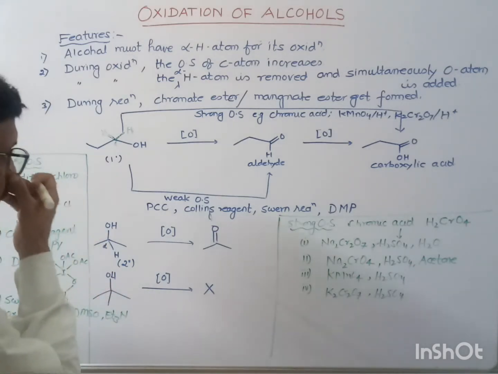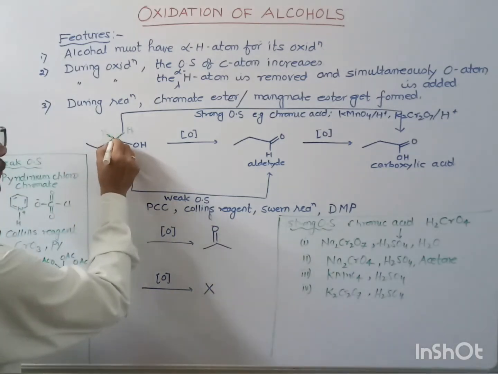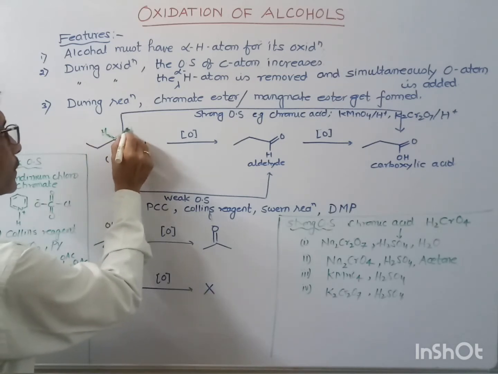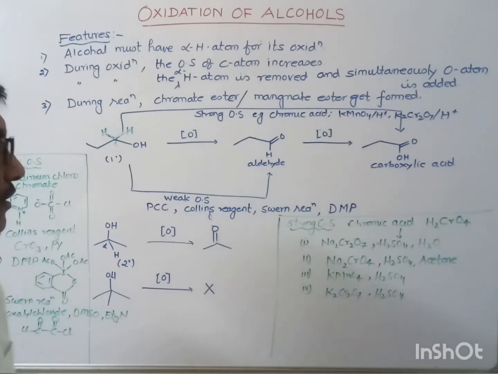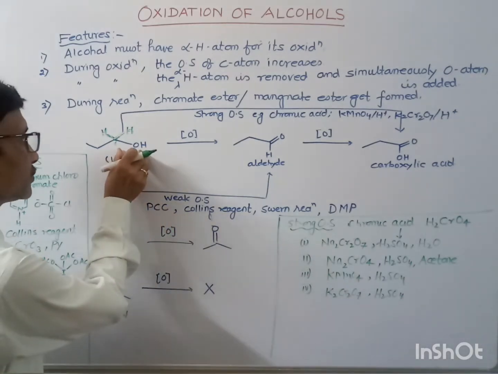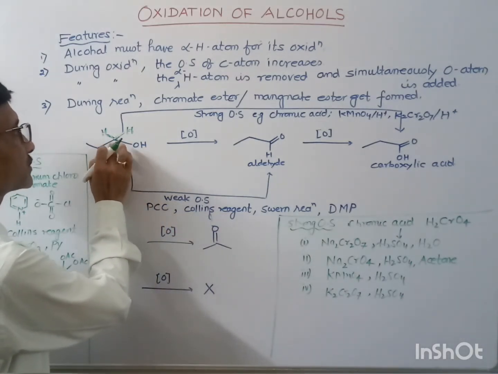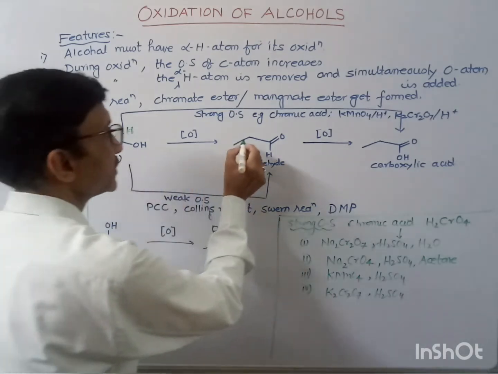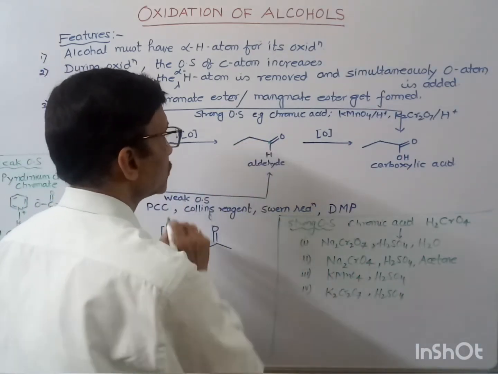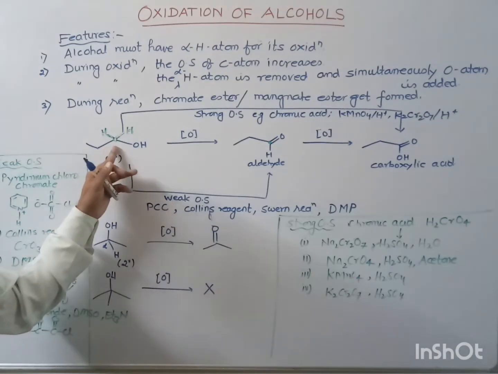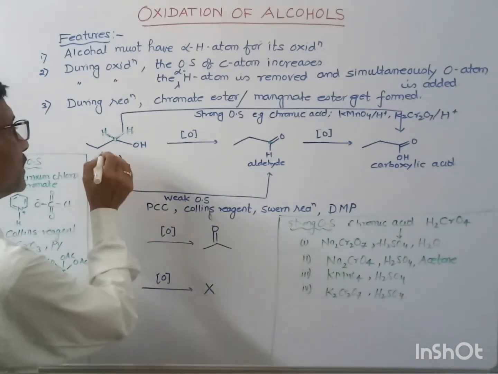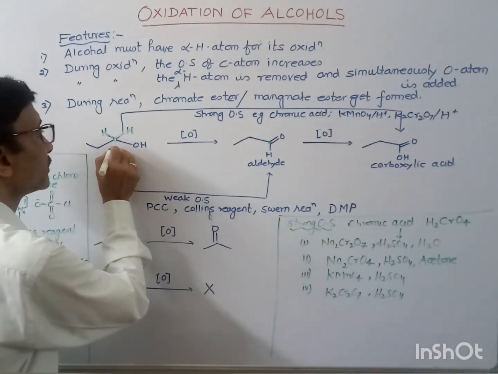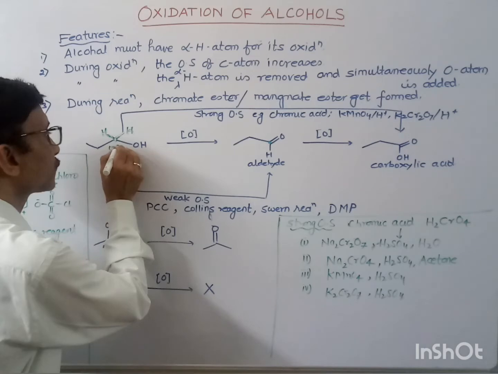Now, during oxidation, as I told you, the oxidation state of carbon increases. So what is the oxidation state of carbon over here? This is the central carbon atom. The oxidation state of this carbon is -1.